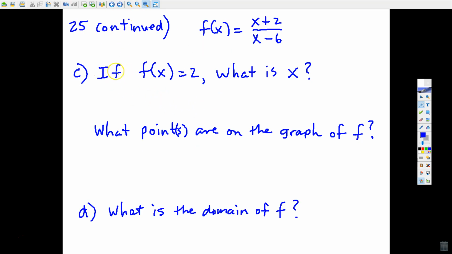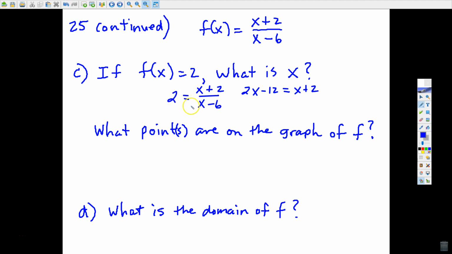Alright, letter C, kind of a similar question. If f of x, well, it's kind of going the other way. If f of x is 2, what is x? Well, this time let's let f of x be 2, and we're going to solve for x. Okay, so I can multiply both sides of this by x minus 6. 2x minus 12 is equal to x plus 2.